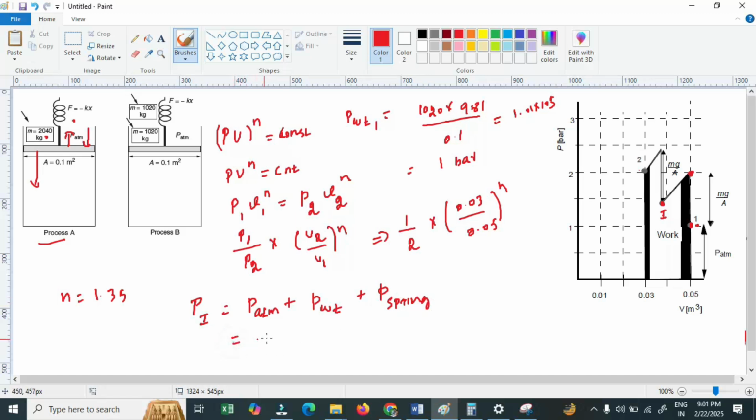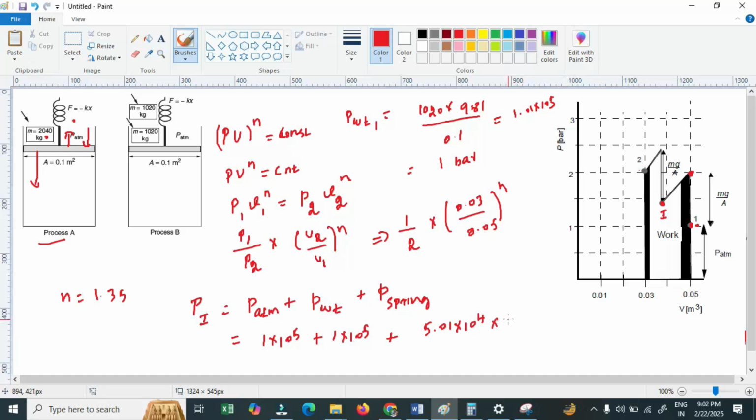We know 1 multiplied by 10 power 5, already determined, and the spring value we have already worked out.